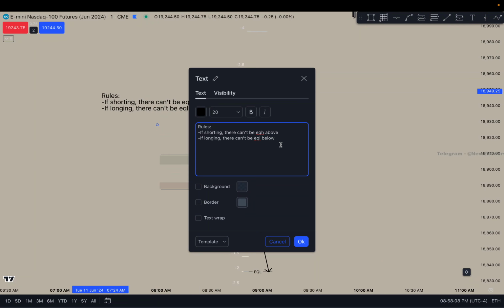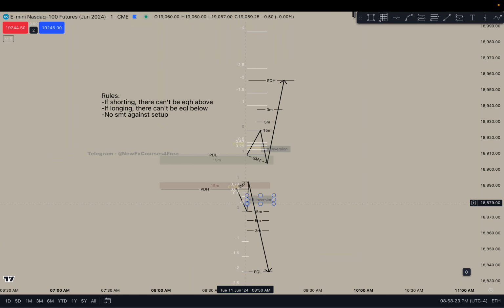Oh yeah, there can't be an SMT. So if there's an SMT here, let's say ES takes it slow, and then the inversion happens.